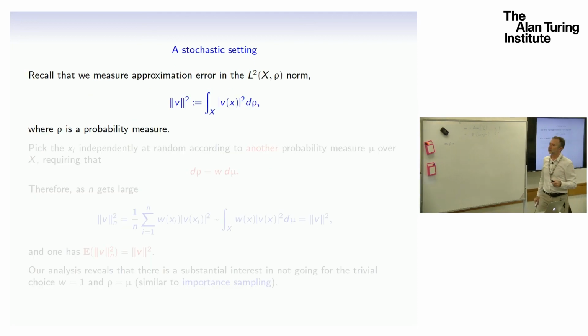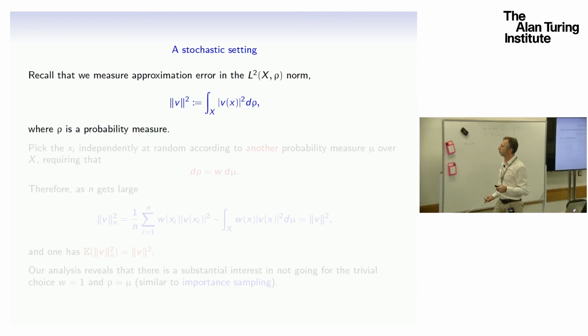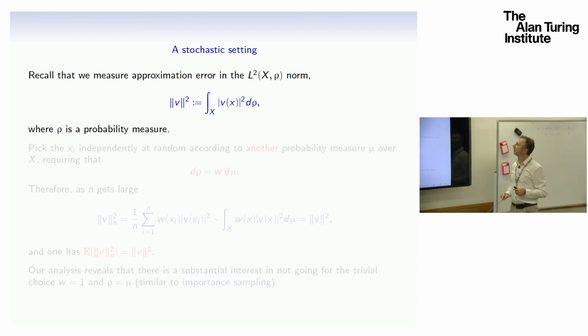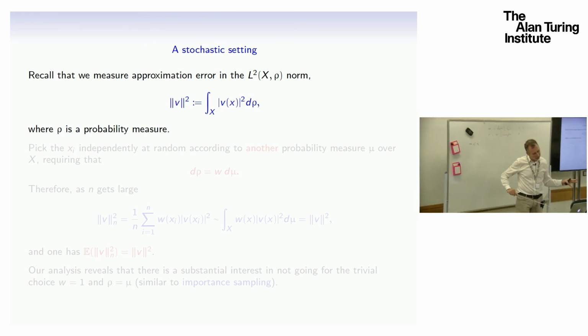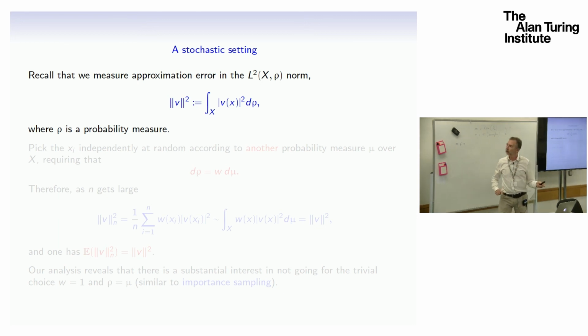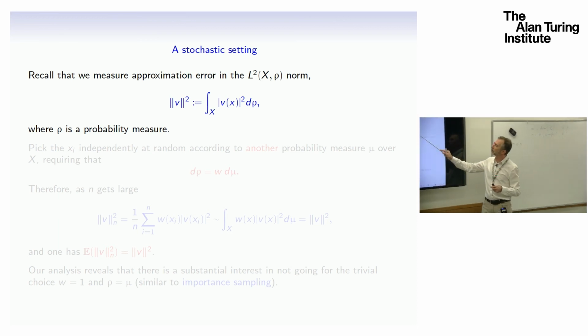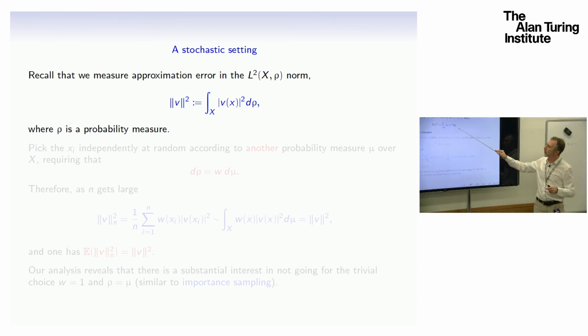So I want to answer this question in a stochastic setting. And there are interesting questions on to what extent the results I'm going to give have a deterministic counterpart. So let's recall that we measure approximation in L2 with respect to a probability measure.